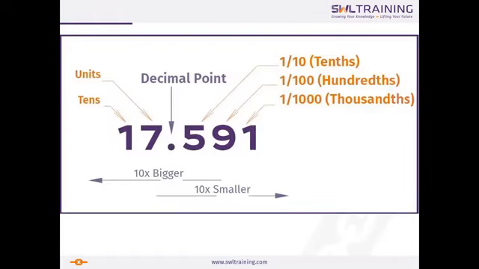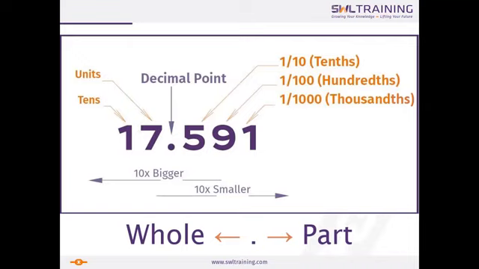Using decimal points in understanding decimal places. Decimal points are used to separate whole numbers from parts of a number. So on the left of a decimal point, you get whole numbers, which increase in value by multiples of 10 as you move to the left.